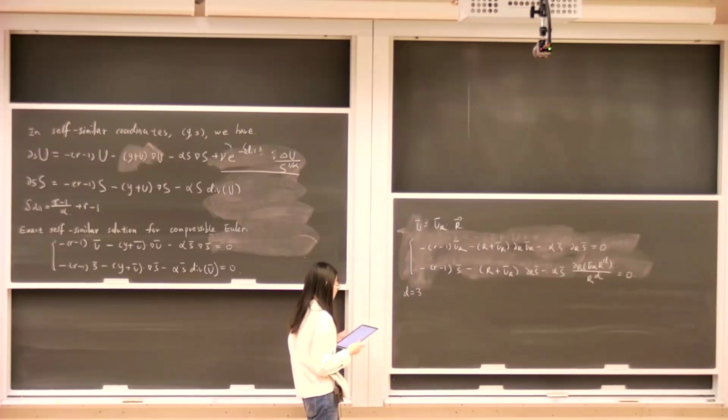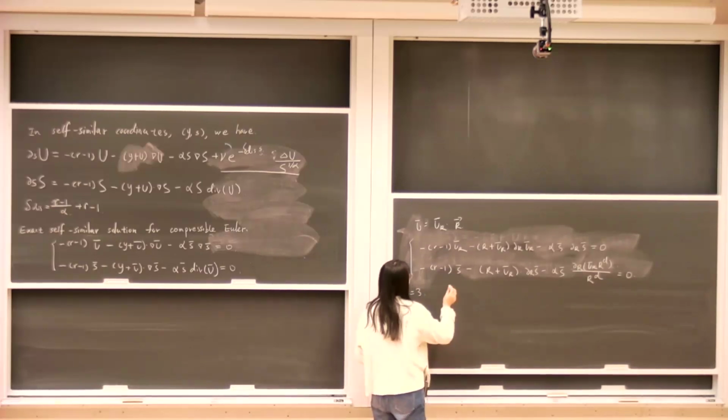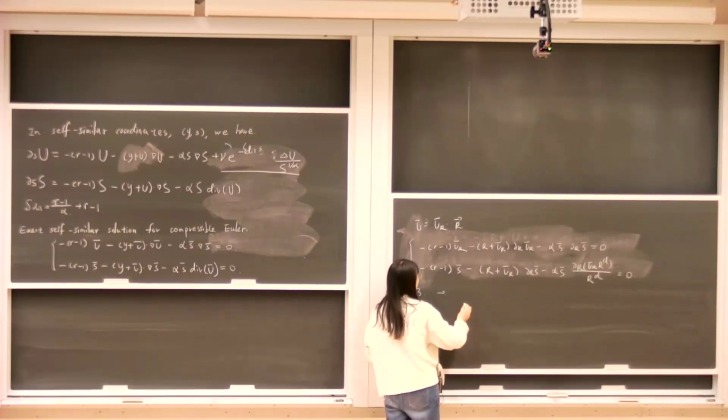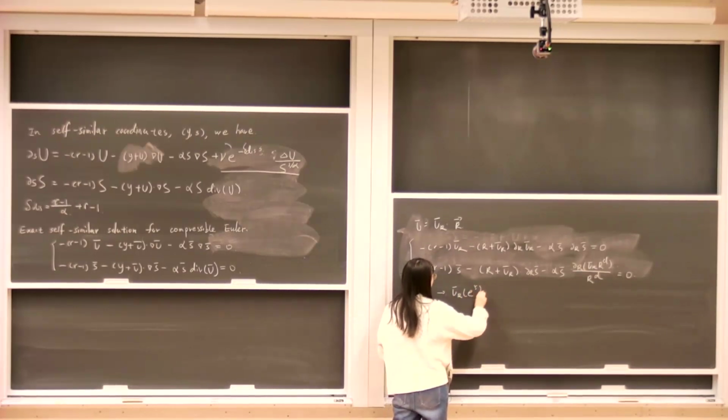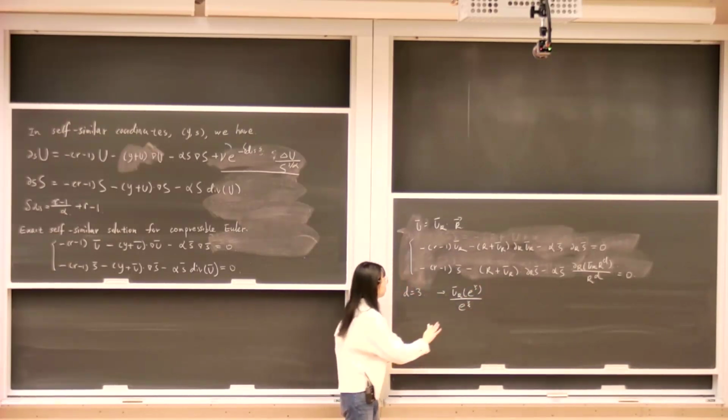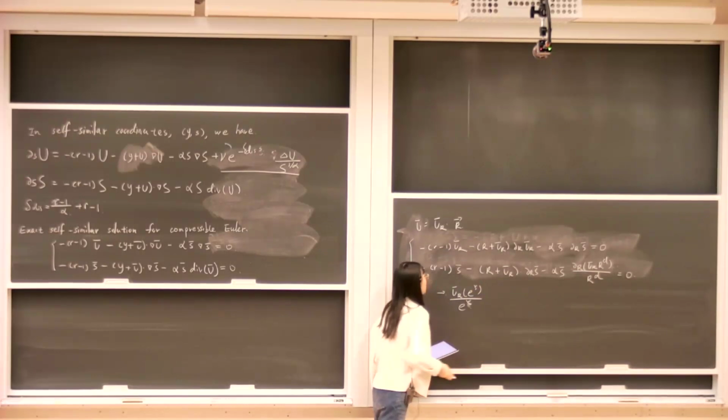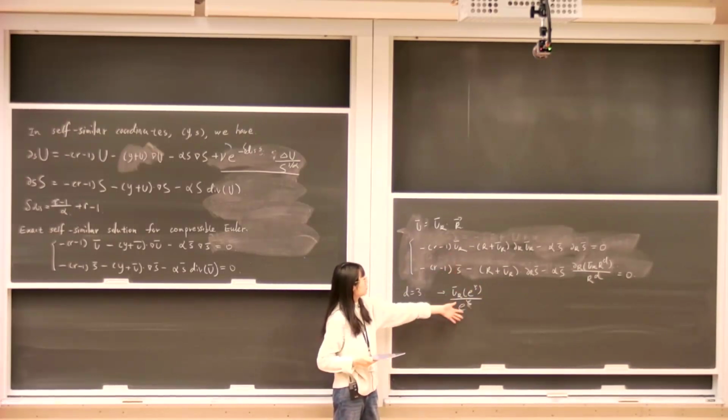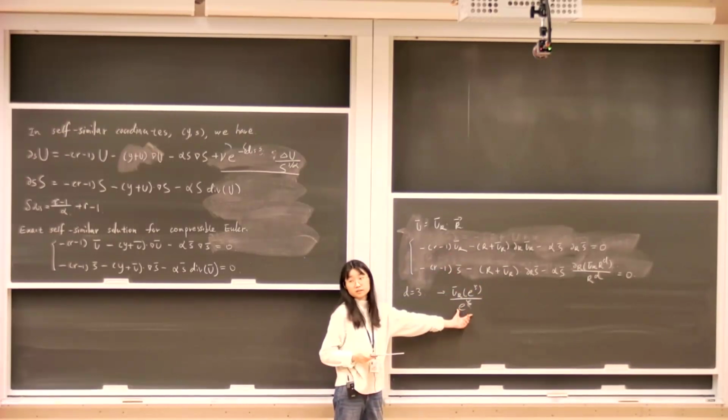Okay. So the next step is to change it to an autonomous system. To change it to an autonomous system, the change is like that. So basically, you do the U_R, e to the zeta, divided by e to the zeta. So you change the r to e to the zeta, and this will be your new coordinates.